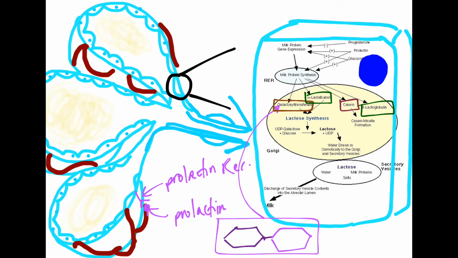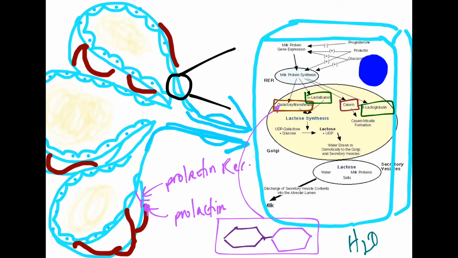Okay, so we've talked about the two components in milk: the lactose and the proteins. And this lactose is very osmotically active, so it will drag water in. So this was our water, H2O, outside the cell, and we have lactose inside this epithelial cell.